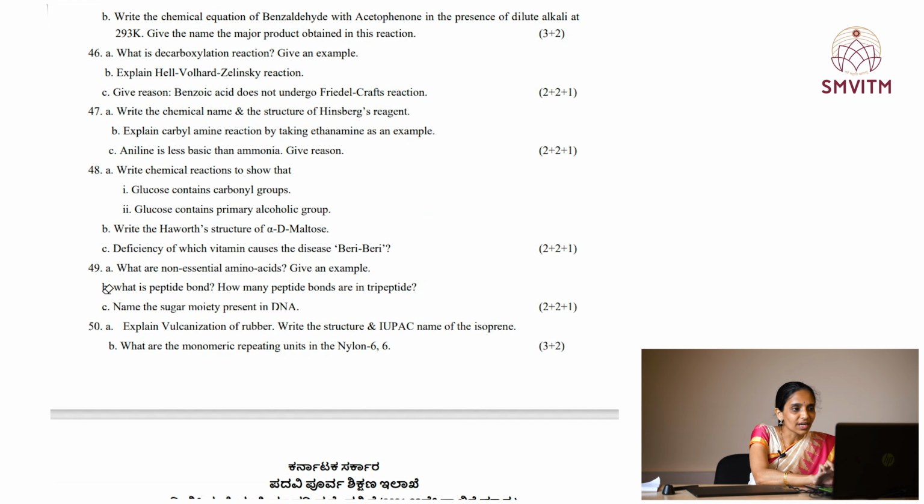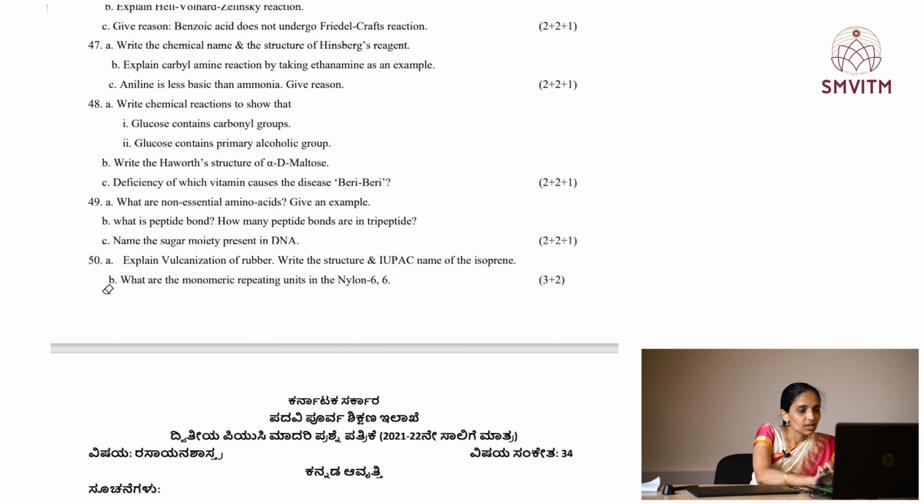47th is for amines. 48th and 49th are from biomolecules. Again, majority of the questions here come from carbohydrates and proteins. Okay, weightage given for carbohydrates and proteins is more. Remaining topics like vitamins, hormones, nucleic acids get less weightage.